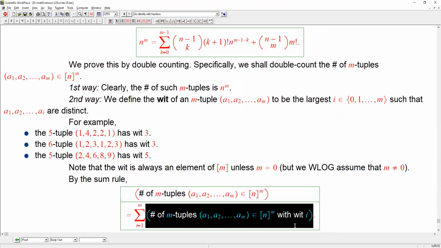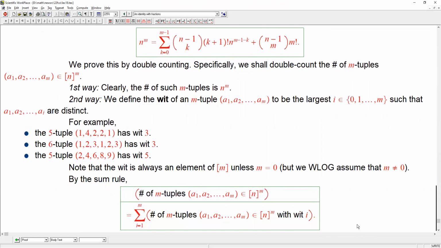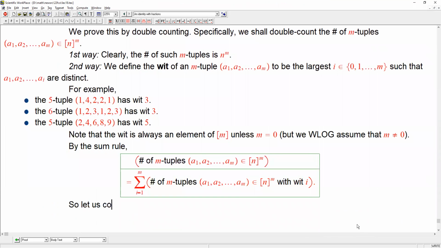And now it remains to count the m tuples with width equal to i. So let us count the m tuples with a given width. Fix i. How many m tuples have width i?